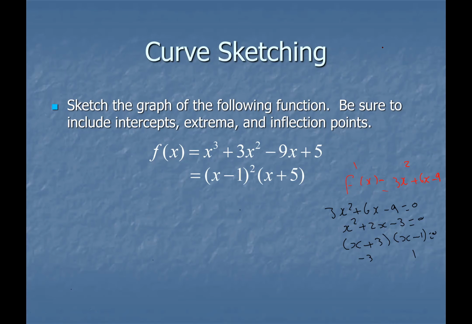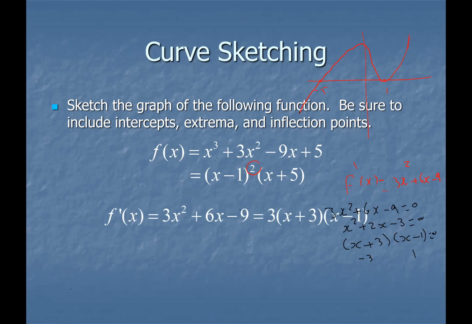To find the x-intercept, it will be 1 and negative 5. 1 is a double root. And the y-intercept is 5. And the x-intercept will be negative 5. This is the sketch of the graph. And it is a rough sketch like this.